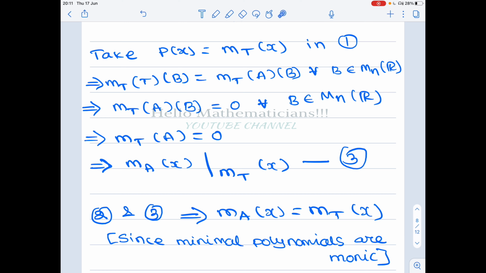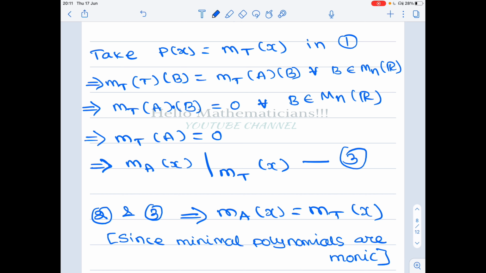Now A is a matrix and I am substituting a matrix in some polynomial. I'll get a new matrix. So MT of A is a new matrix and this is just a matrix multiplication.